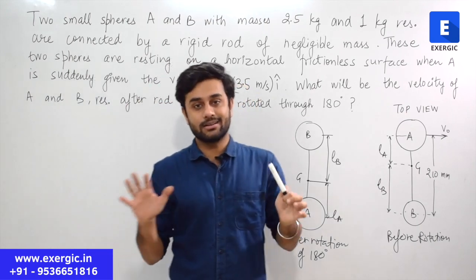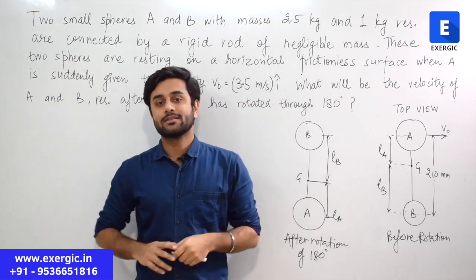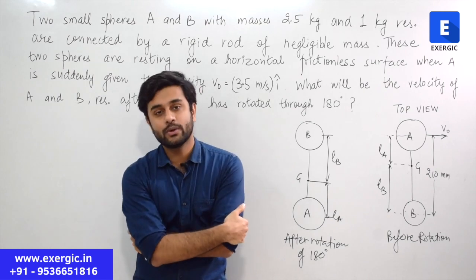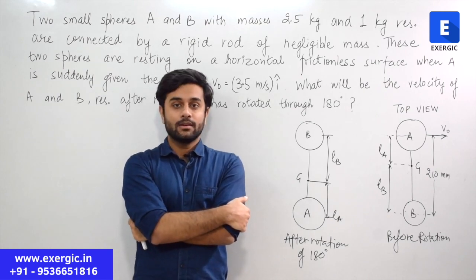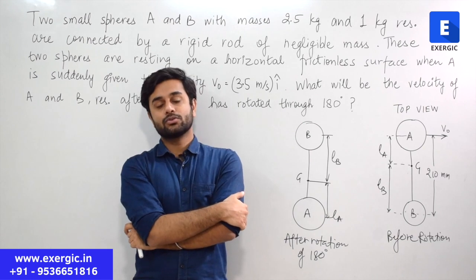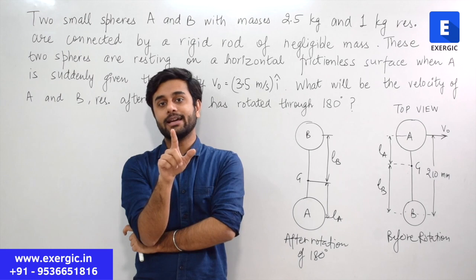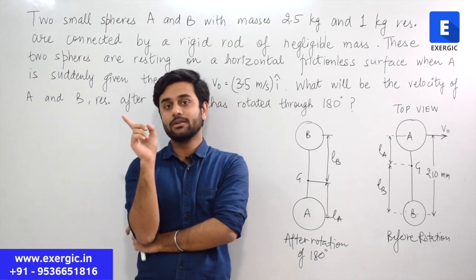We have done enough discussion on the type of motion and the center of gravity's position, but how exactly are we going to solve this question? Look, the most logical way to solve this question would be to use the funda that I have told you before.